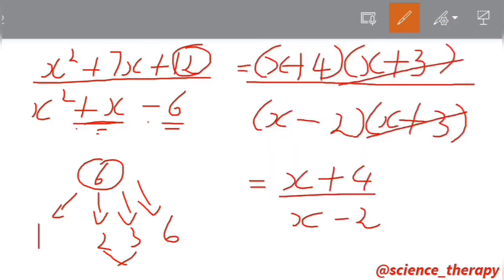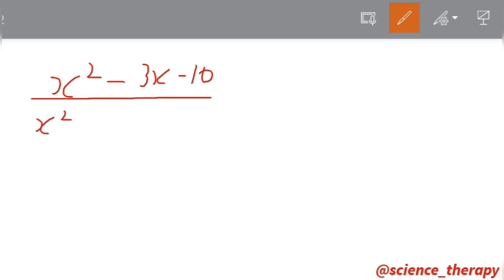Let's look at the last one. Let's say now we have x squared minus 3x minus 10 over x squared minus 7x plus 10.